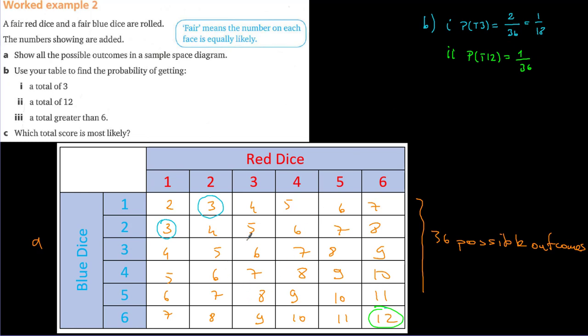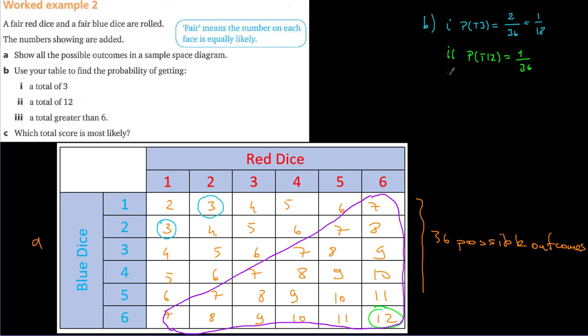Here, total is greater than 6. Total greater than 6 means 7, 8, 9 and so on, which is this side of the table.